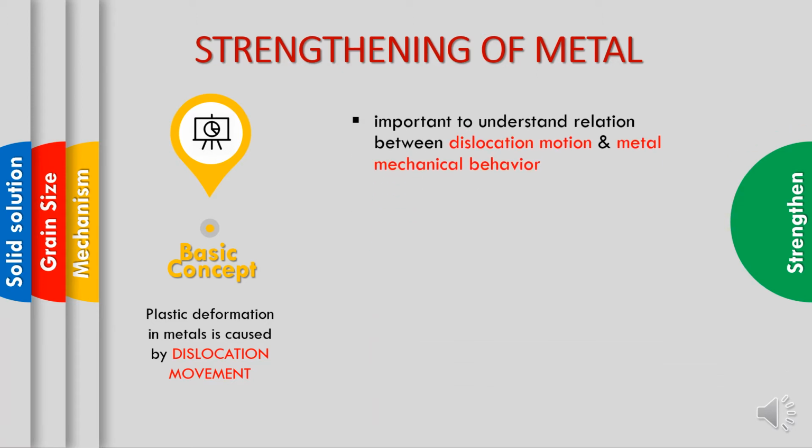For the basic concept that plastic deformation in metals is caused by dislocation motion, it is very important to understand the relation between dislocation motion and metal mechanical behavior.